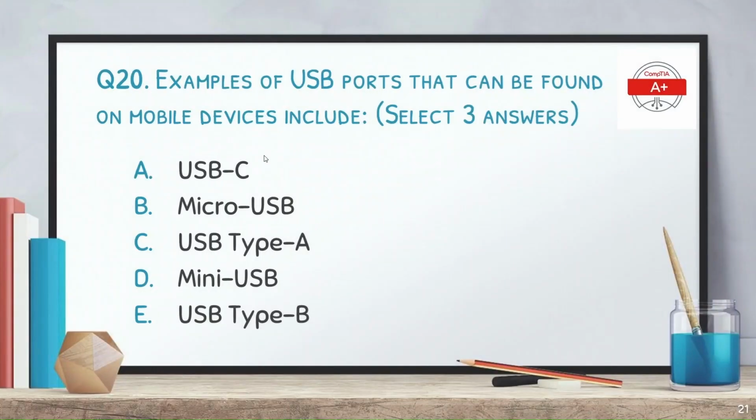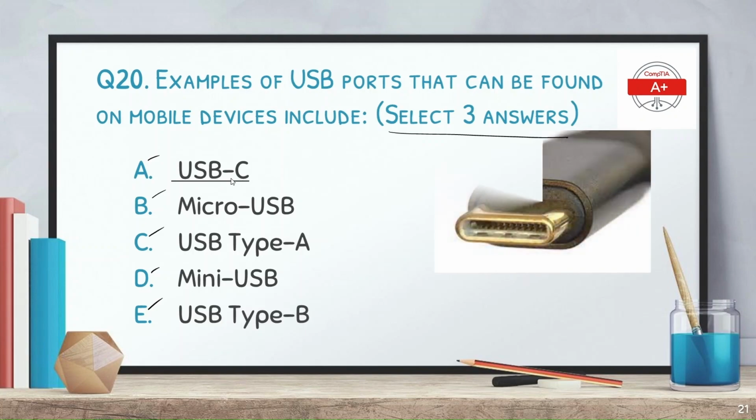Question number 20 is that examples of USB ports that can be found on mobile devices include, and again we have to select three answers. The options are A, USB-C, B, micro USB, C, USB type A, D, mini USB, and E, USB type B. And the correct options are USB-C. So this is the USB-C.